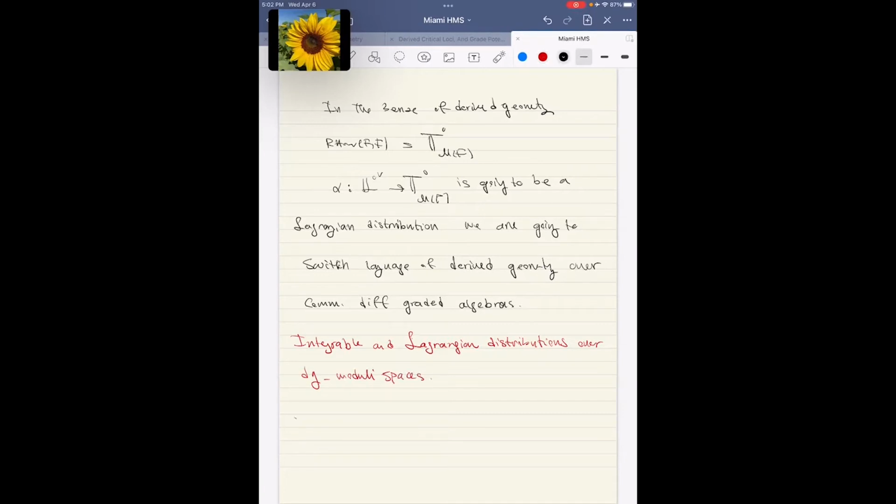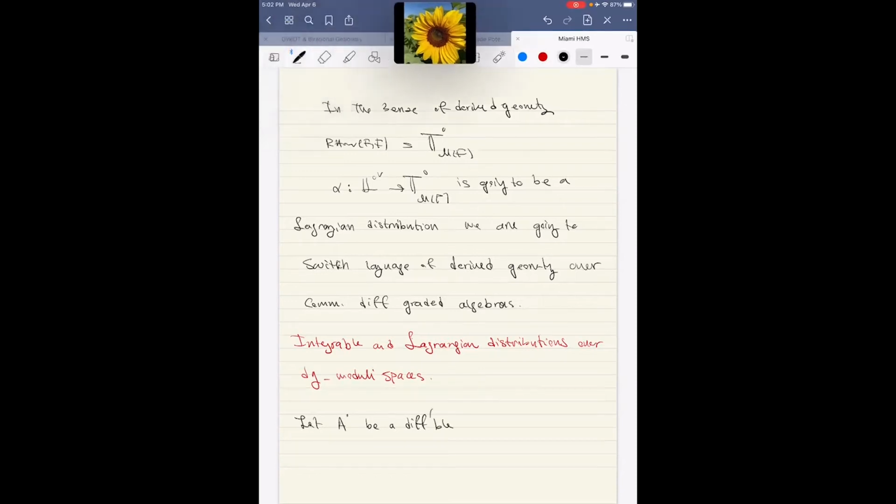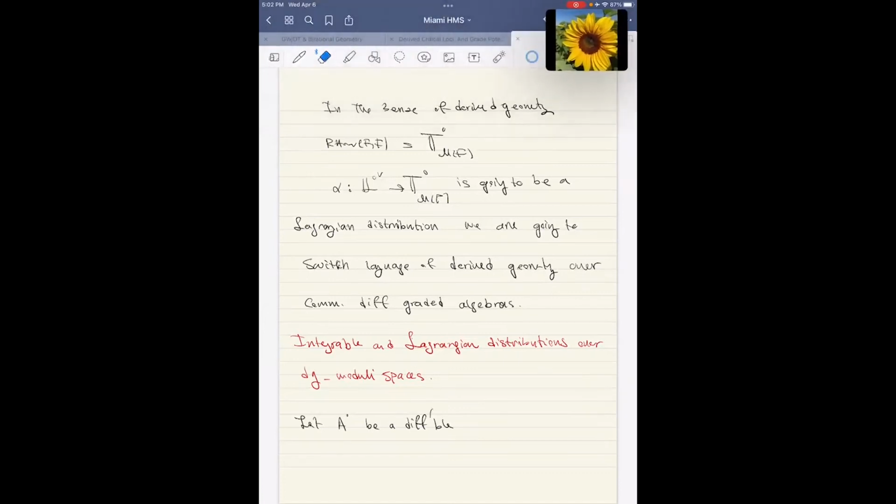Okay, so let us start with some A dot, be a differentially non-positively graded C algebra.